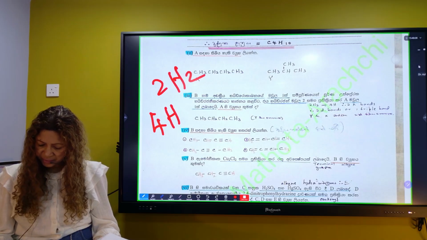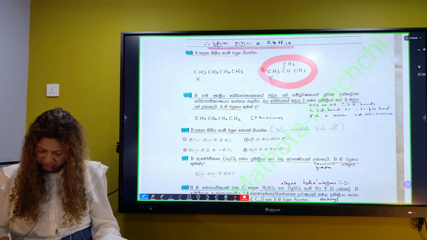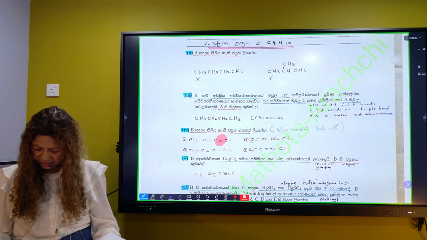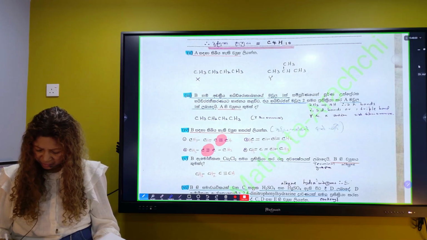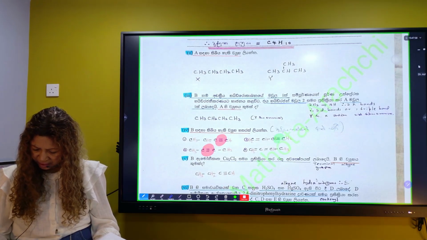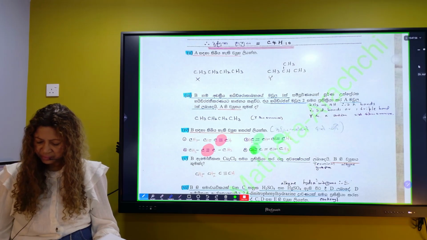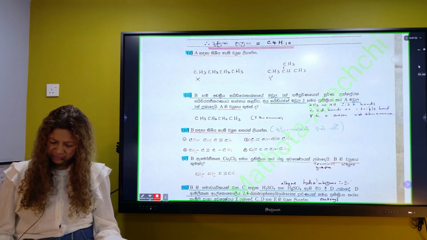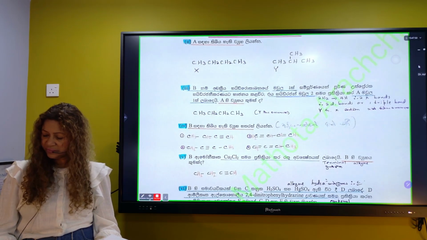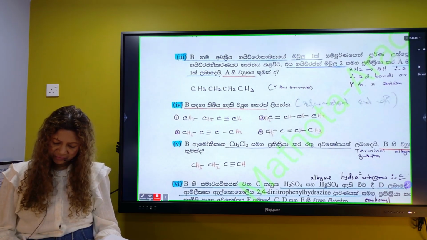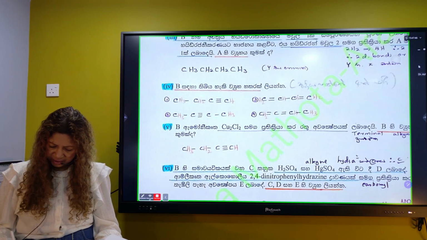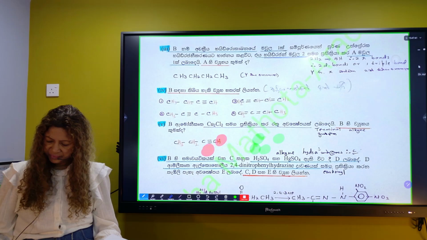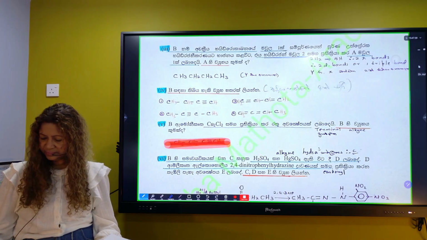So you cannot give 2 pi bonds to this one. So the answers can be either a single triple bond, or otherwise 2 double bonds separately. You can draw only 4. They ask us to draw 4. Anyway, only 4 are there. Terminal. So this is the answer.